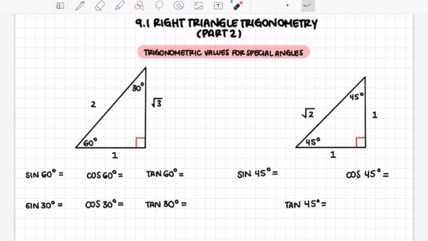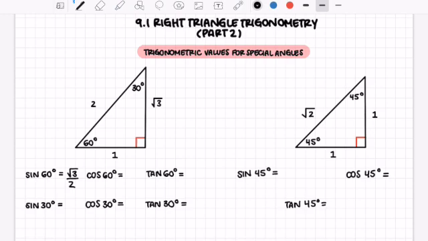So if I were to try and find out what the sine of 60 degrees is, I go to 60 degrees and I look at the opposite side, which is the square root of 3. And then underneath is the hypotenuse, which is the side opposite the 90 degrees. So it would be square root of 3 over 2.